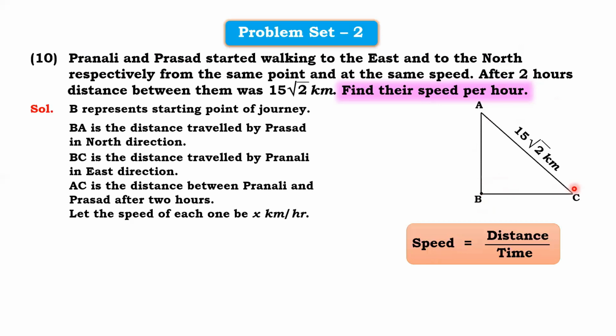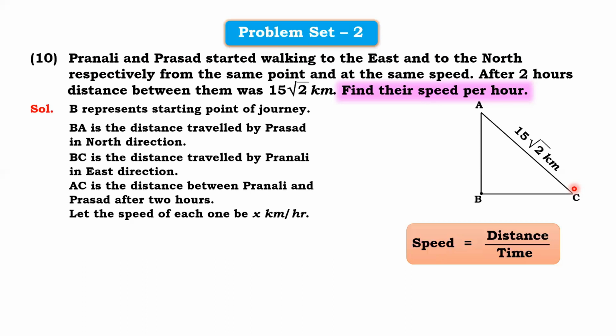So both Pranali and Prasad traveled for 2 hours with a speed of x kilometers per hour. So if I ask what is the distance, we know formula is speed into time. So speed is x, time is 2. x into 2, 2x. So distance traveled by Prasad and distance traveled by Pranali both will be 2x kilometers.